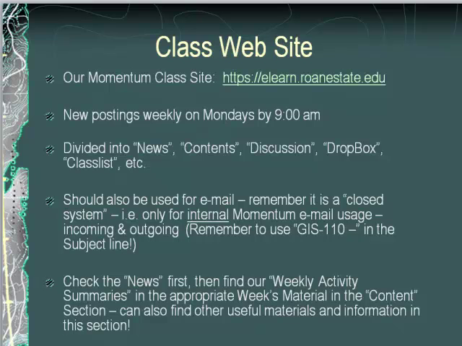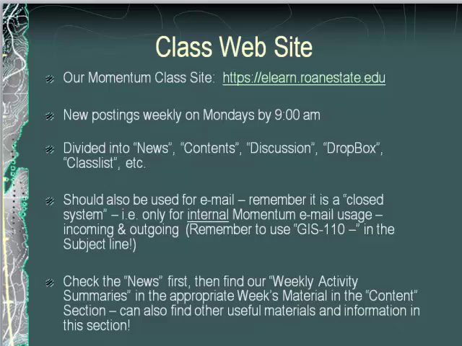You can't send an email to RadarNet or your own personal email, or forward a copy to your personal email outside of Momentum, while you're in Momentum. And likewise, you can't be outside of Momentum and send me an email at the Momentum address. I won't receive it because it doesn't work.